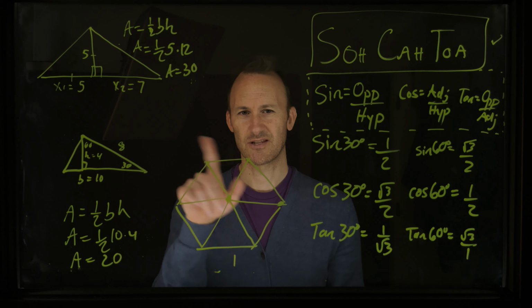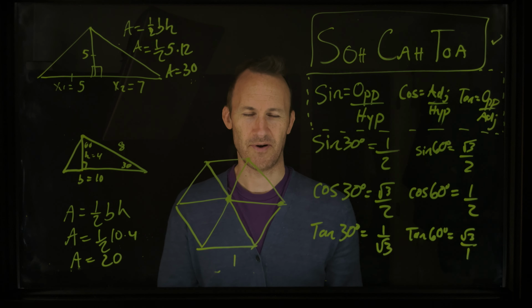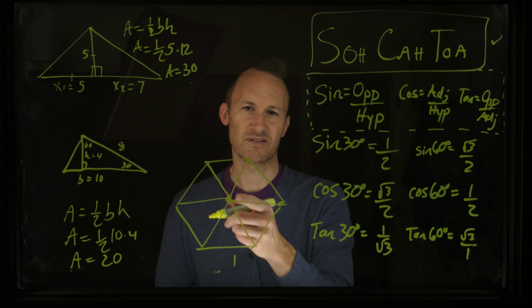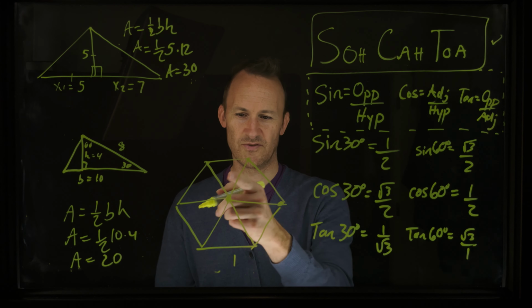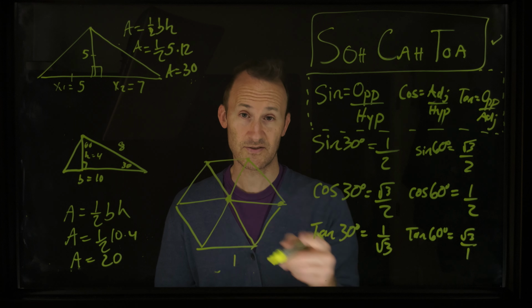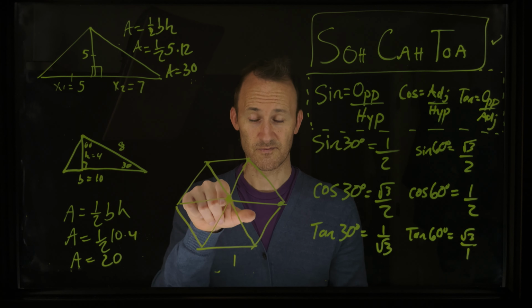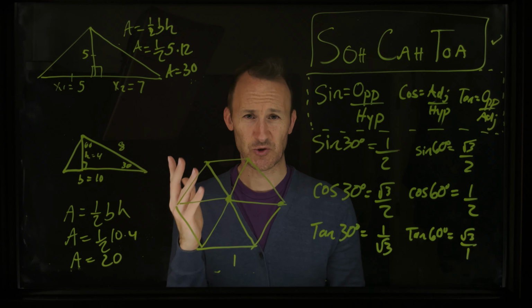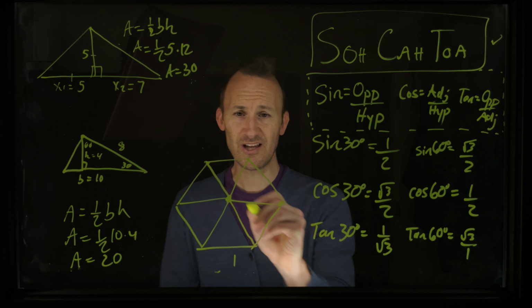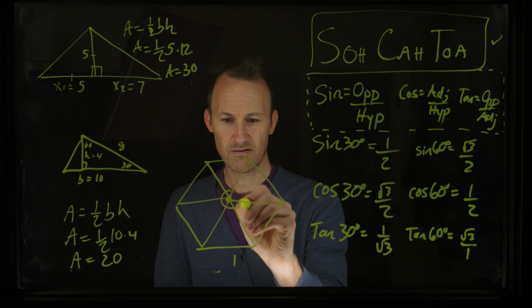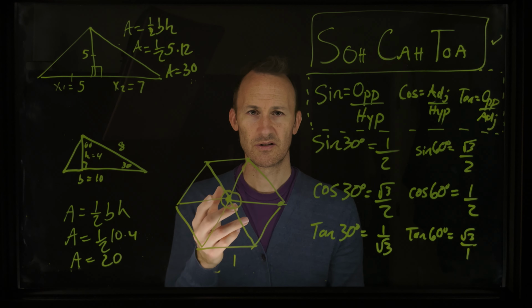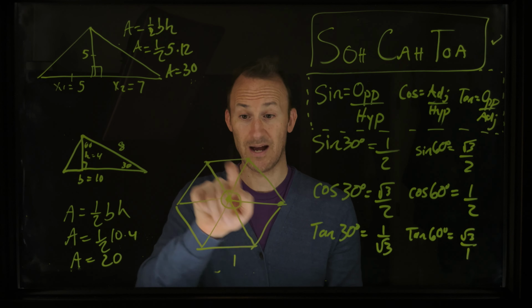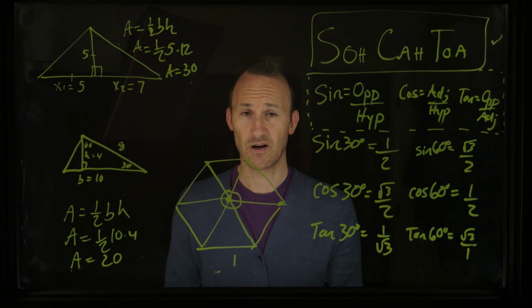There's a formula for the sum of the angles of a polygon, but you can actually get it from this diagram. So if you have 1, 2, 3, 4, 5, 6 triangles, you have 6 times 180 degrees, but you eliminate from that the circle in the middle, because that's 360 degrees. It's not part of the angles, okay?